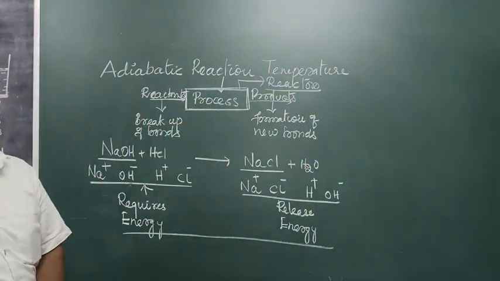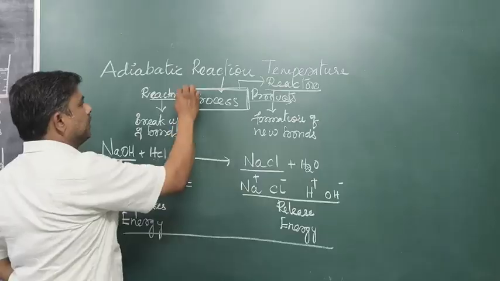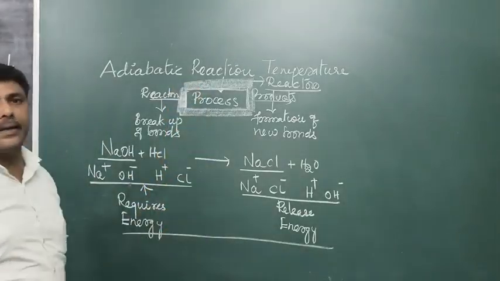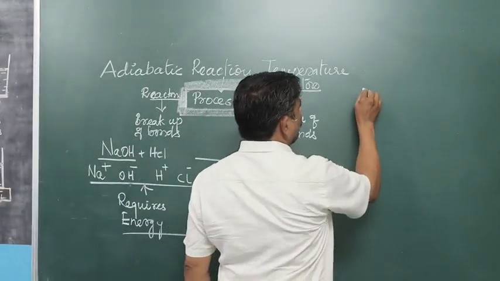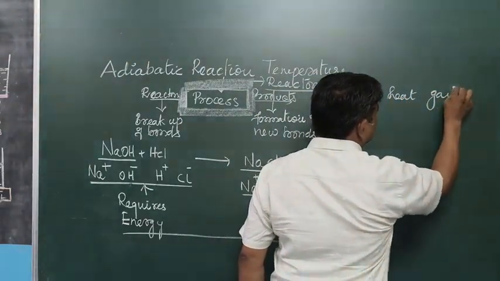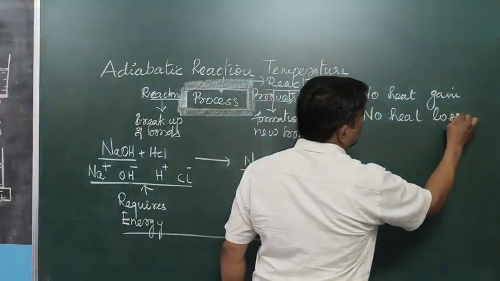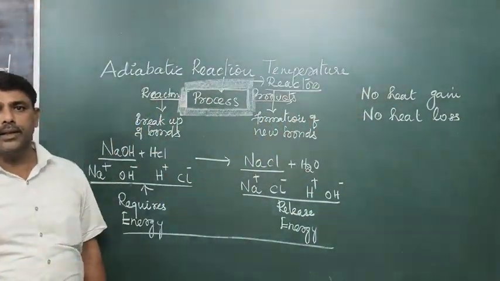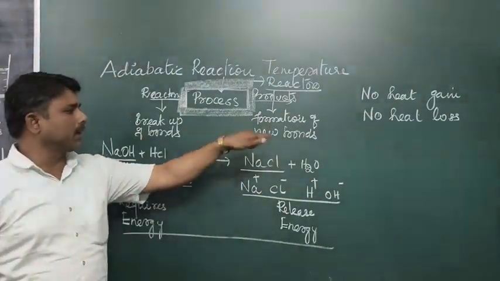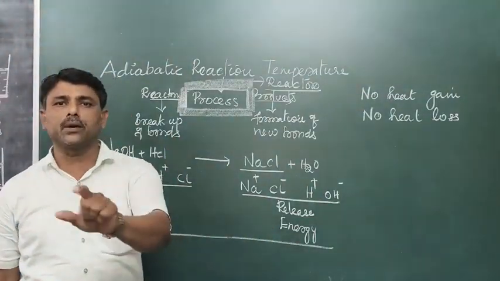If the reaction is carried out in a reactor which is completely insulated, that means there is no heat gain or heat loss with its surroundings. Clear? The net enthalpy change remains in the product stream itself. There is no chance to release the energy to its surroundings.